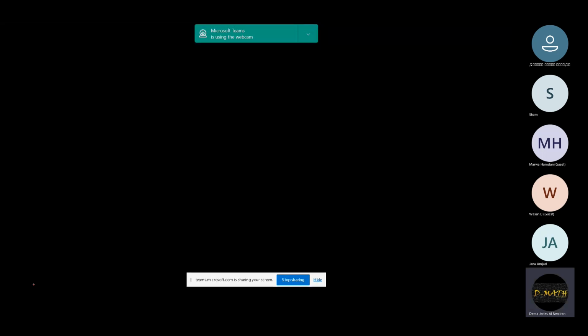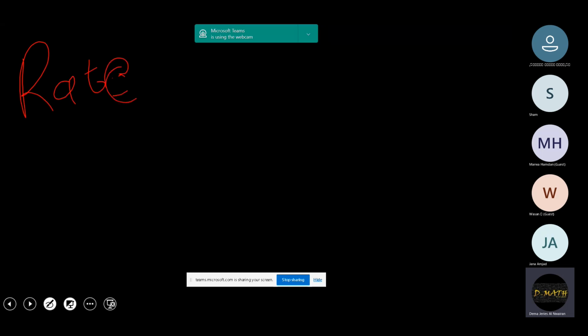On the screen. So here, 100 points per 25 questions. How can I make the 25 be 1? We say divide by 25. And if I divide the denominator, I must divide the numerator. So 100 divided by 25 is 4.